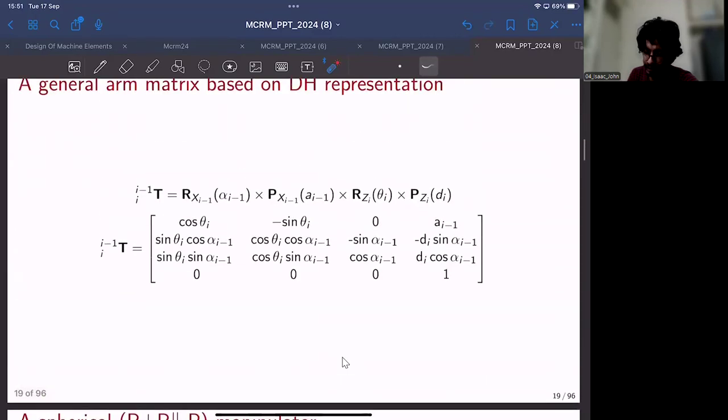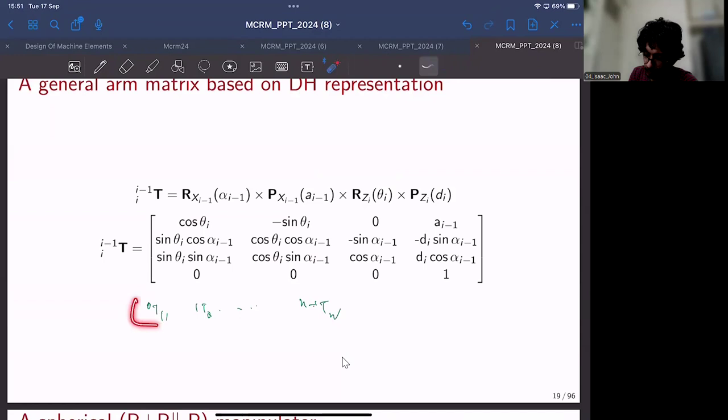If you know this general frame of reference, i minus 1 to i, by substituting the appropriate DH parameters into each of these parameters, you will be able to get all the transformation matrices, like from 0 to 1, 1 to 2, all the way to n minus 1 to n.